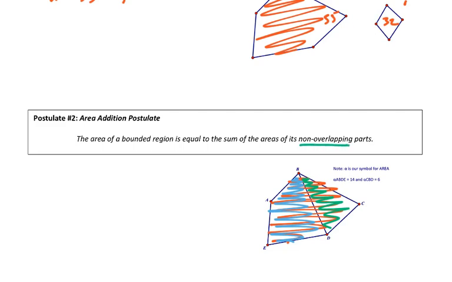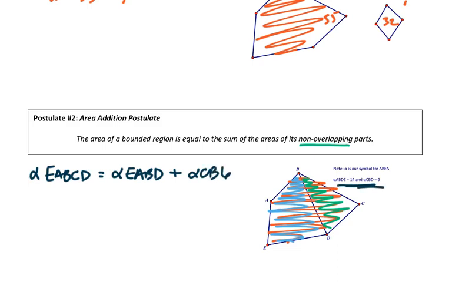If the parts overlapped, we'd have to worry about an overlap of the area formulas, but that's not the case here. The way that we would represent the area addition postulate in terms of this figure is the area of the entire polygon, EABCD, is equal to the area of the quadrilateral EABD plus the area of the triangle CBD.